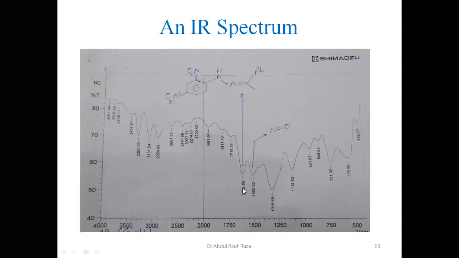Here many signals are observed because there are many functional groups: carbon nitrogen double bond, nitrogen oxygen double bond, carbon carbon double bond, nitrogen hydrogen, which are appearing at this place. We shall discuss that later. But for the time being, you should remember how an IR spectrum looks like.